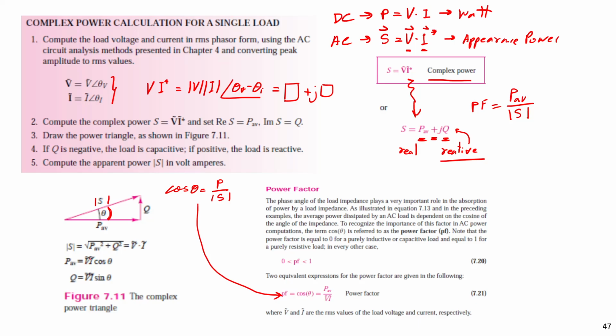So P will be S cos theta, where S is V times I. Or we can also use Pythagoras: P squared plus Q squared is S squared. This is just a Pythagoras triangle.